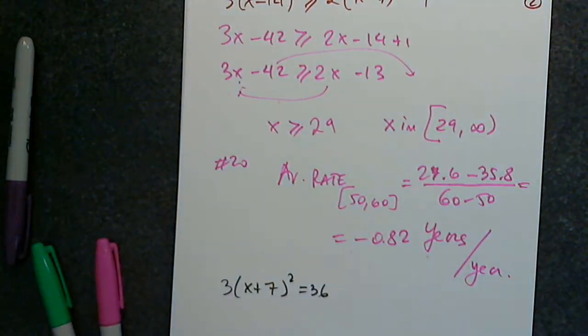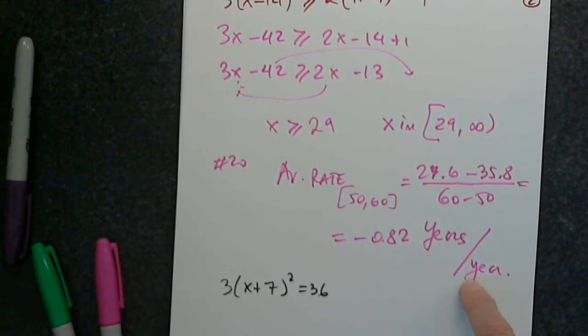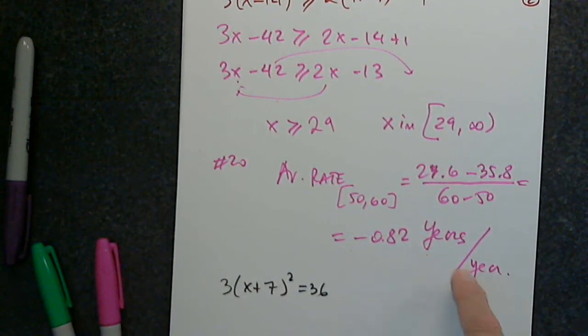So here's one more time. Let's go again. Between the years 50 and 60, any questions? Between the years of 50 and 60, each year, per year, the life expectancy decreases by 0.82 of a year.